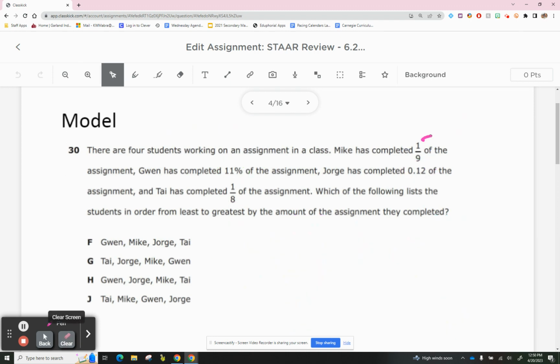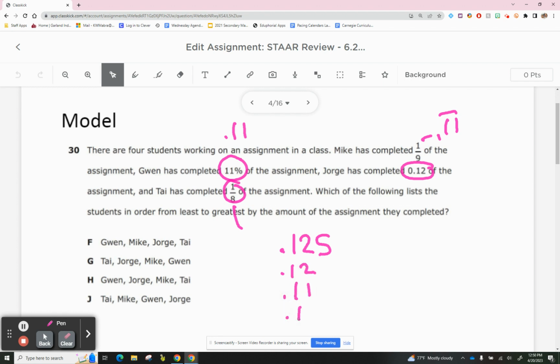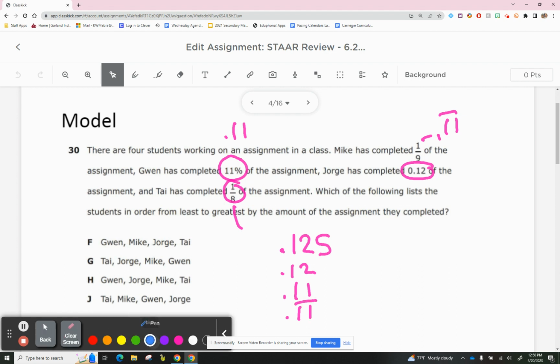All right, I know that this one is equal to a repeating decimal. This one is just equal to 0.11. This one was equal to 125 thousandths, and we have another one that's equal to 0.12. Okay, so I'm just going to write those so we can see those.